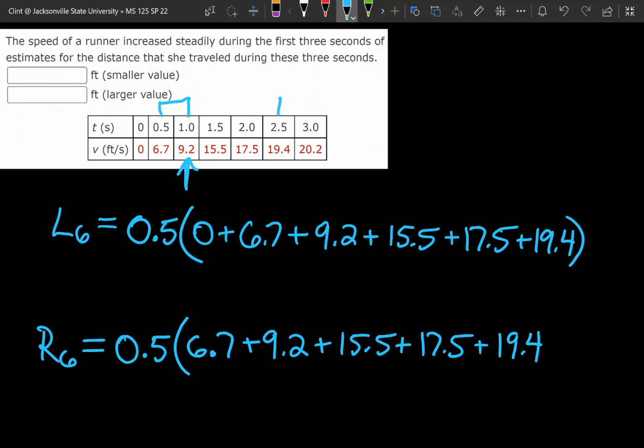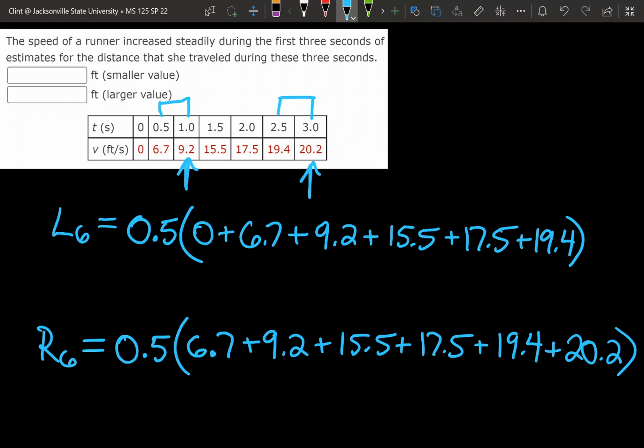So on our last one, using the one on the right side, we'll end up with 20.2. So they almost look the same when you write them down this way. This one just starts one later and goes one further.